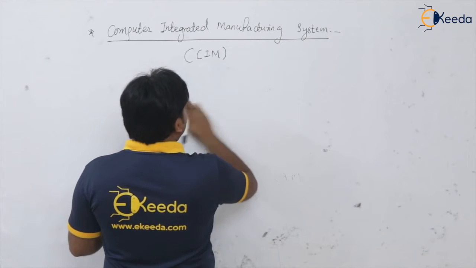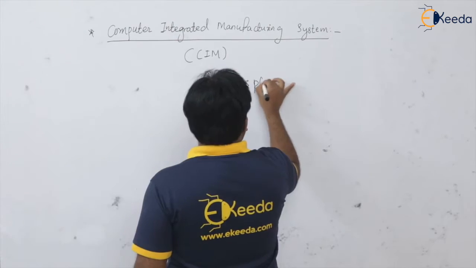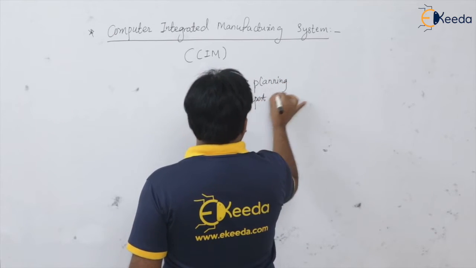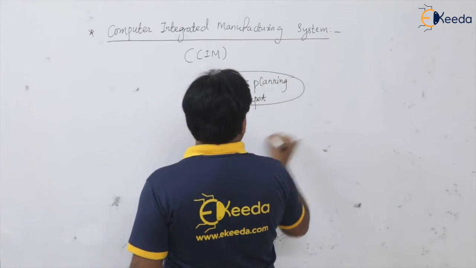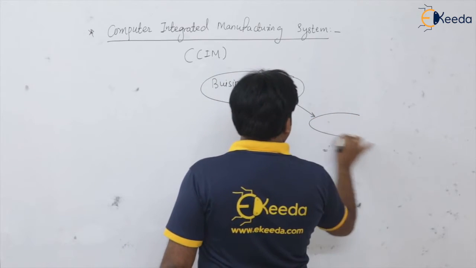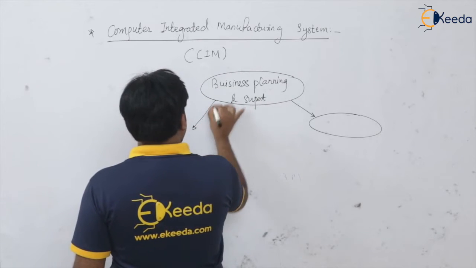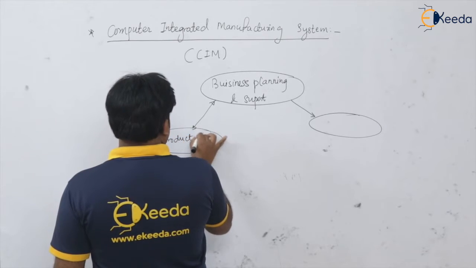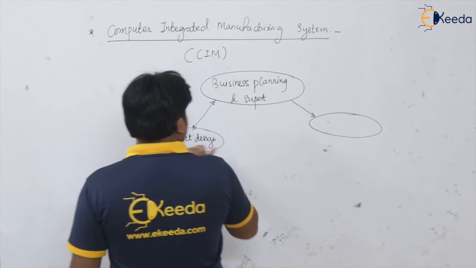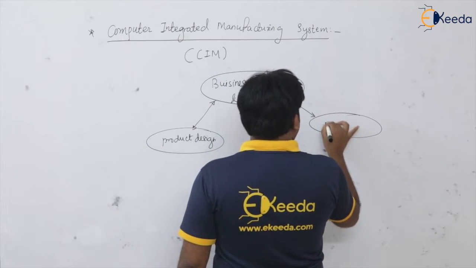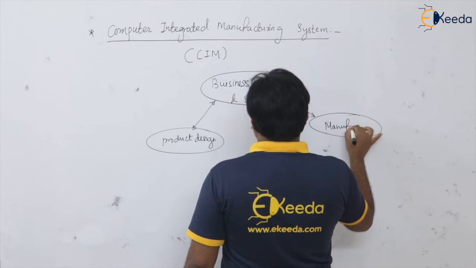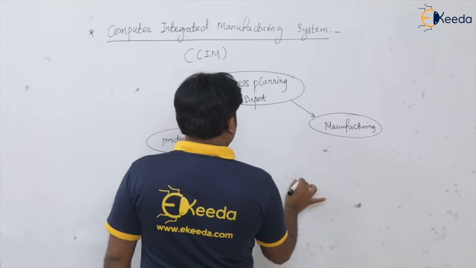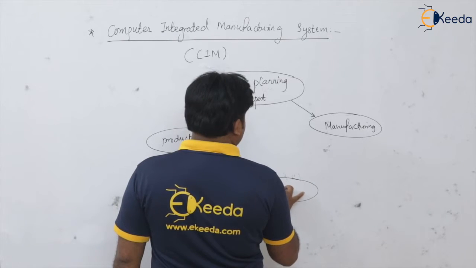So let us say I'm having here the business planning and support, here product design, here we are having manufacturing, here we are having assembly and inspection.